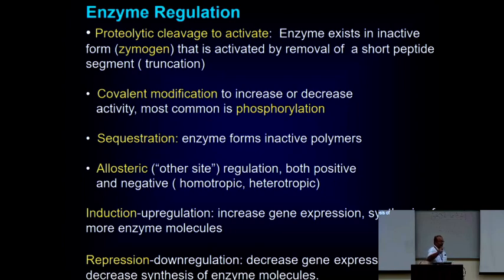The way you activate it is you truncate or clip off a short segment from the amino terminus of that zymogen to convert it into the active enzyme.